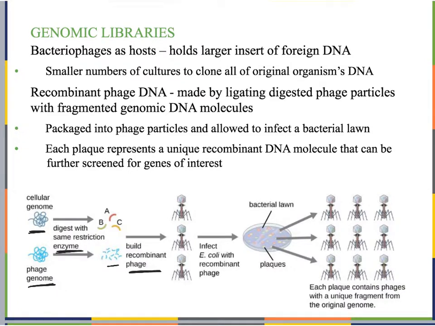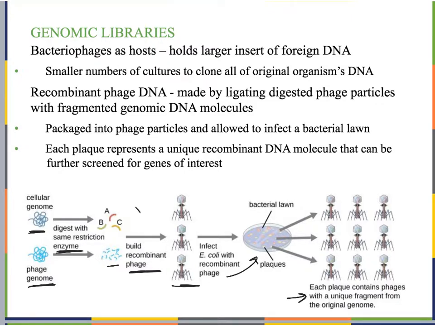Then we build a recombinant phage, which is similar to what we just spoke about with the bacteria. We build that recombinant phage, and then we can infect E. coli with it, grow it, and then we see plaques. This plaque contains phages from that unique fragment from the original genome.